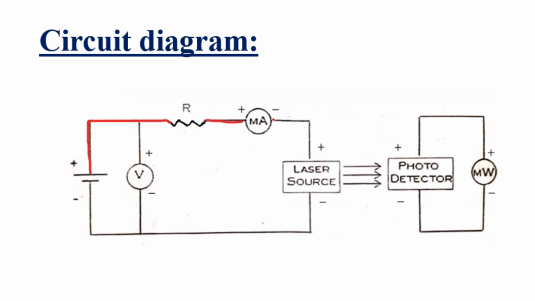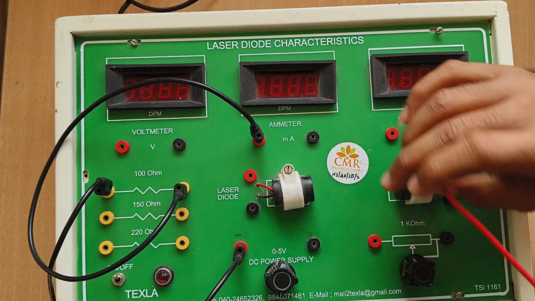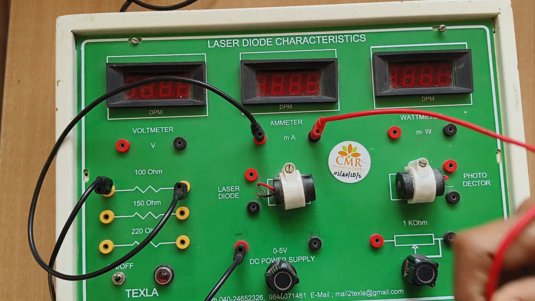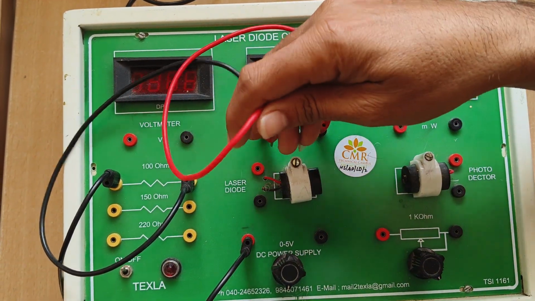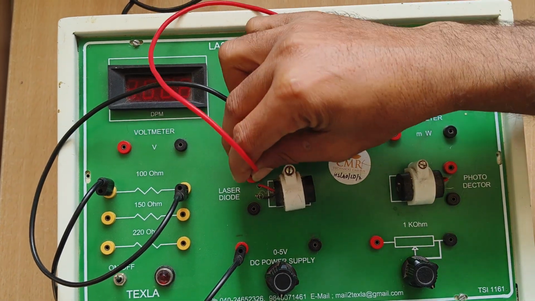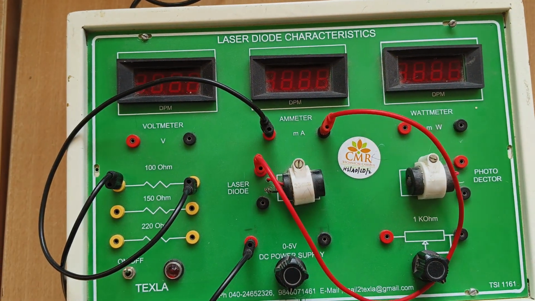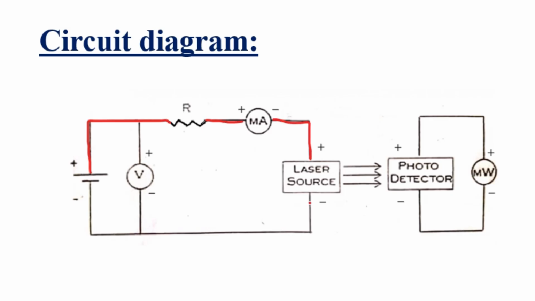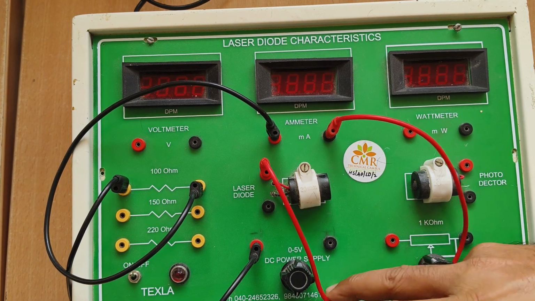The ammeter negative terminal is connected to the laser diode's first terminal. The second terminal of the laser diode is directly connected to the supply negative terminal.